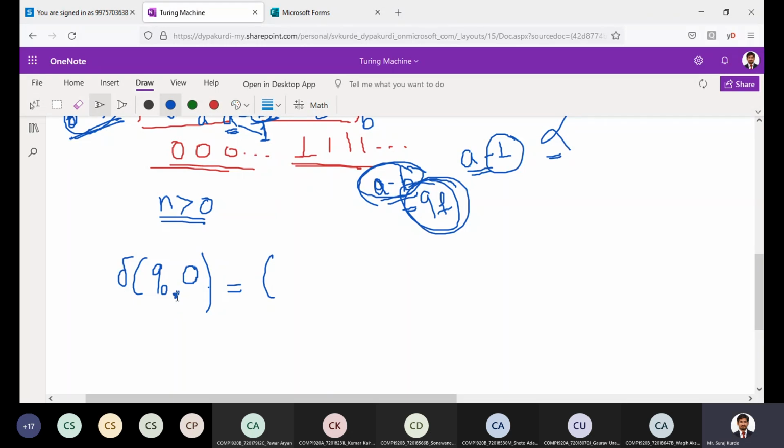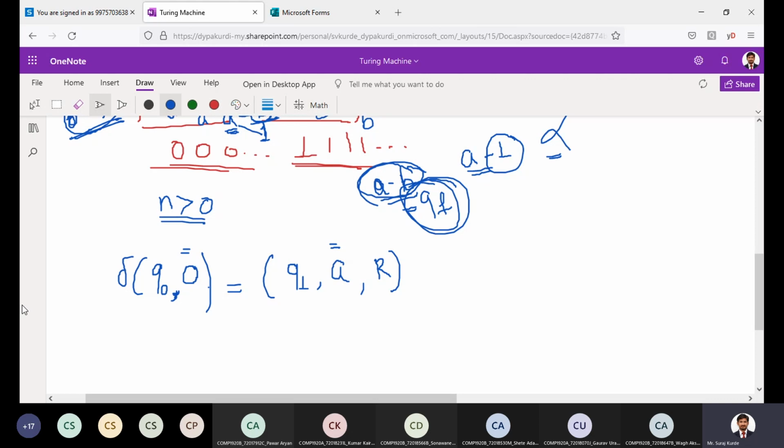Replace this 0 by A, change state from Q0 to Q1, and move to the right cell. So when we find 0 on Q0 as an input, change the state to Q1, replace this 0 by A and move to the right cell.